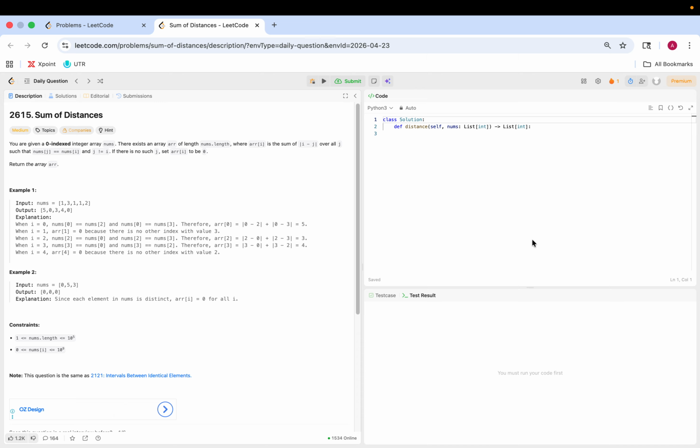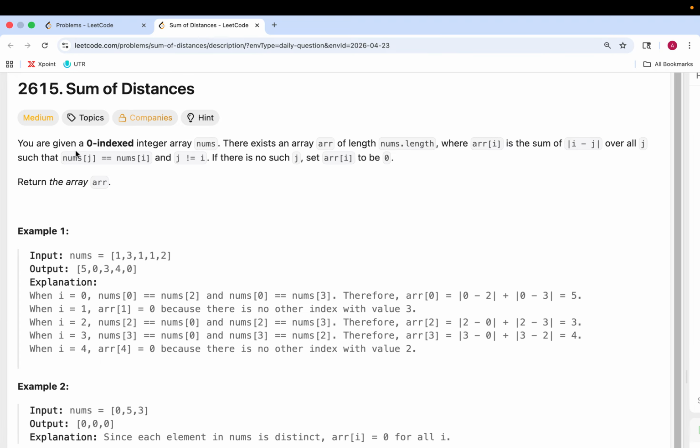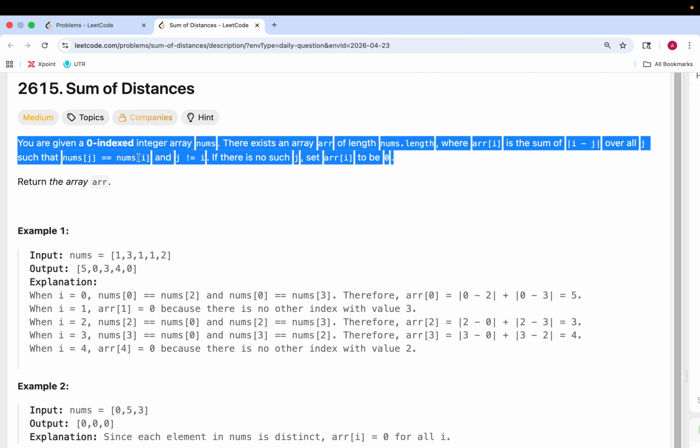So we shall try this problem. 2615, sum of distances. You are given a zero-indexed integer array, nums. There exists an array of length nums, where arr[i] is the sum of the absolute value of i minus j over all j such that nums[j] equals nums[i], and j is not equal to i.